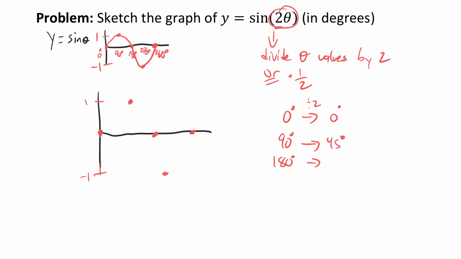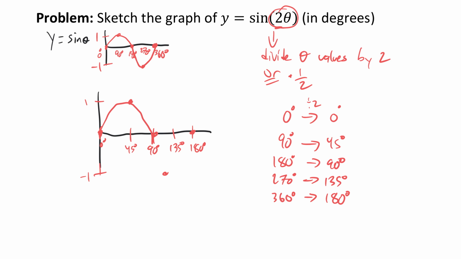180 would give us 90. 270 would give us 135. And 360 would give us 180. So all we have to do now is label our x values: 0, 45, 90, 135, and 180.